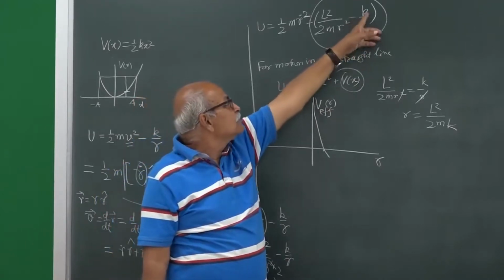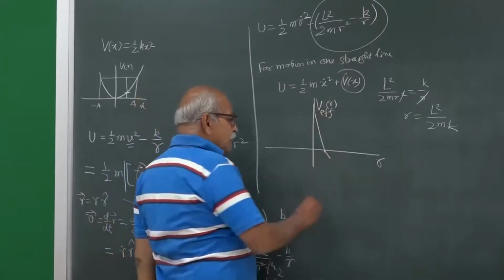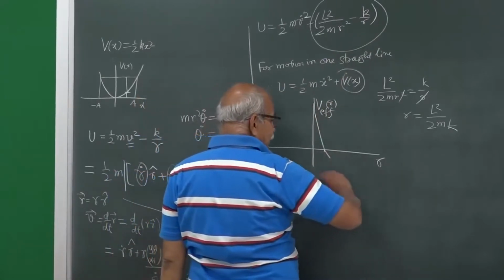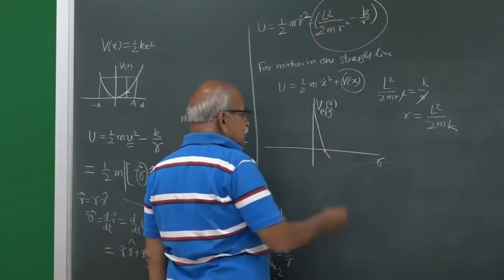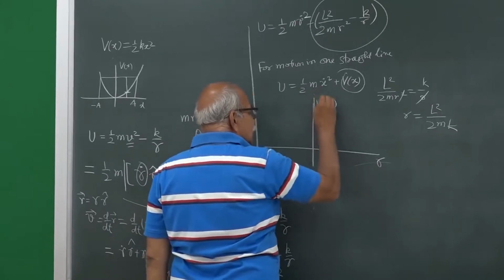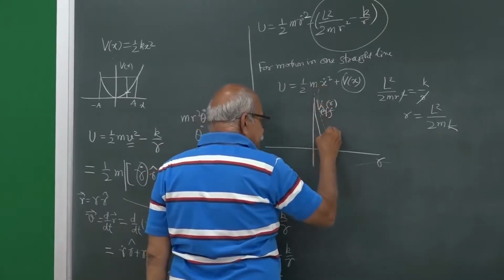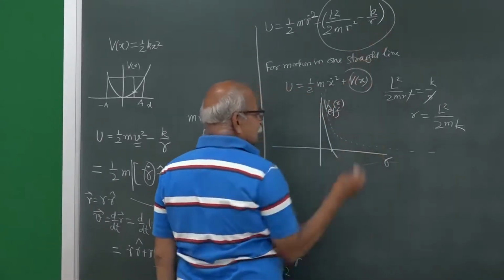And how is this minus 1 by r? If you see, minus 1 by r is something like this, and it will dominate over L square by 2 m r square, which will be falling much faster. Ultimately, both of the terms are going to 0.